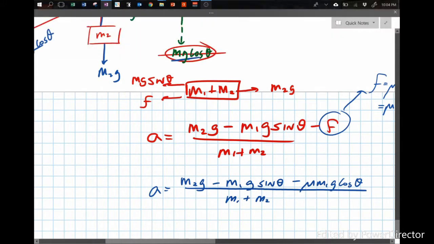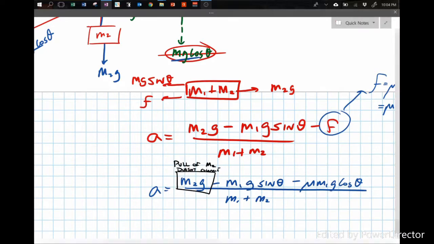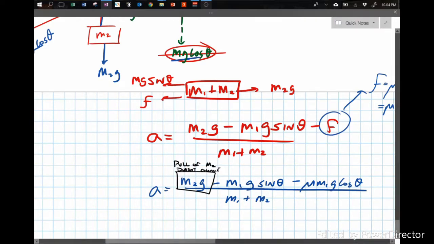I want to analyze that statement just a little bit so we know what's going on. This is the pull of mass 2. And the pull of mass 2 doesn't ever change. It just depends on that mass, and if I adjust the angle, that doesn't go anywhere. And then we have m1g sine of theta.